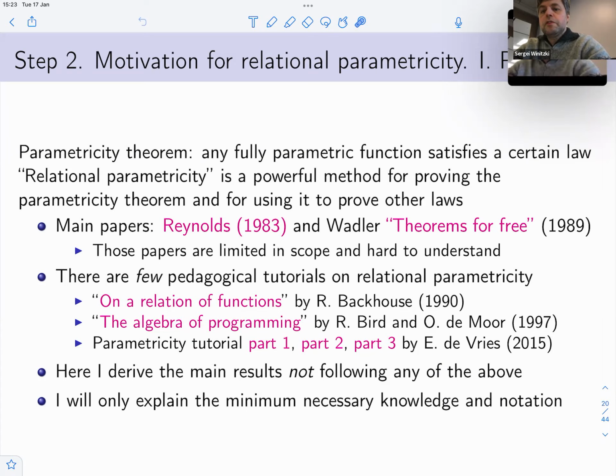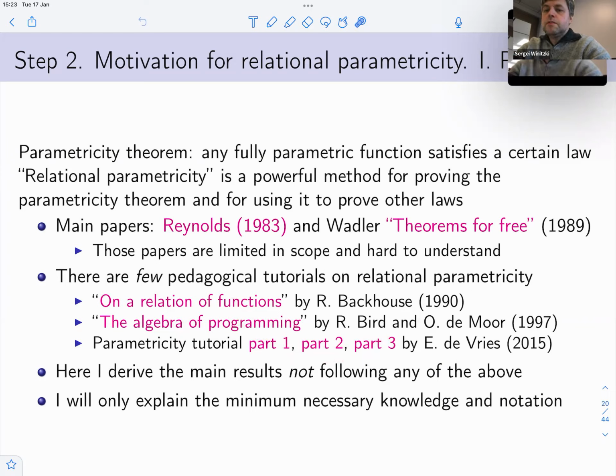So unfortunately, there are very few pedagogical tutorials on this subject. My tutorial is trying to fill that need. I put here some tutorials, but they're not really satisfactory in my view. I'm pretty sure that a lot of people would have a lot of trouble understanding this material.